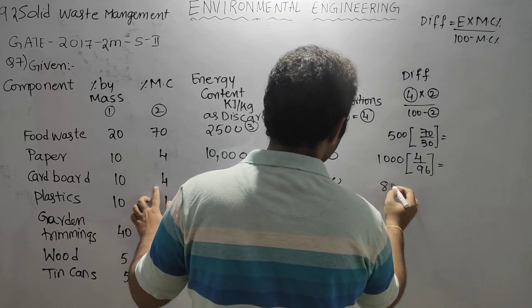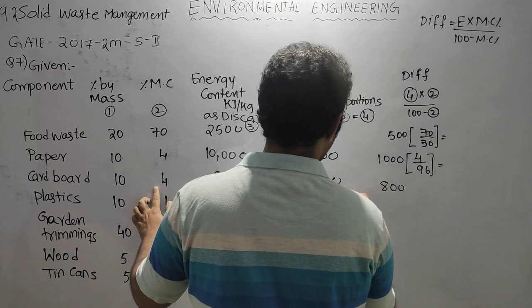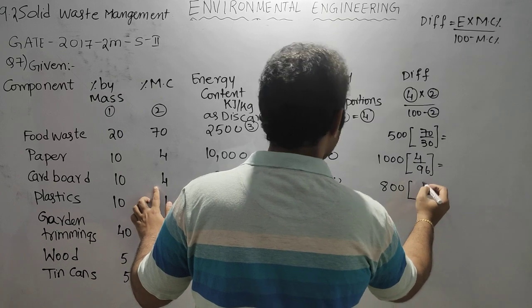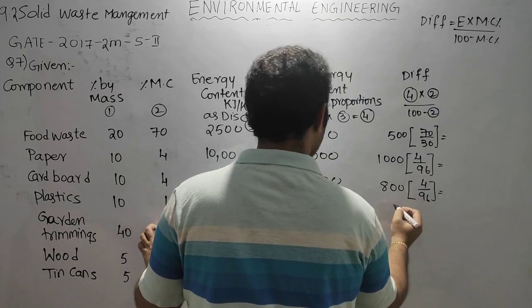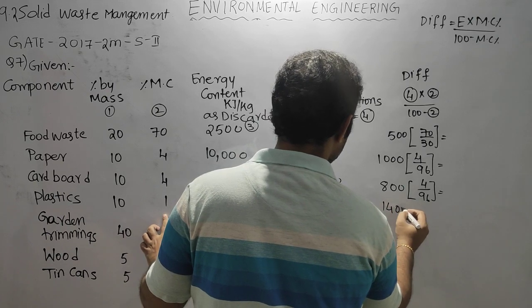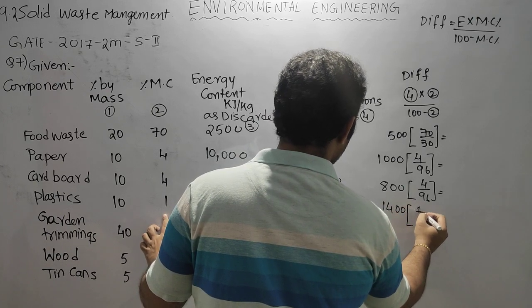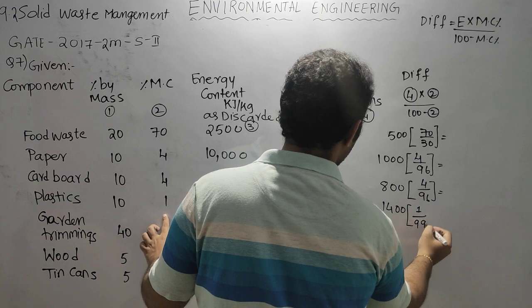Here 800 into 4 by 96, since moisture content is 4, so 4 by 100 minus 4. Then 1400 into 1 by 99.